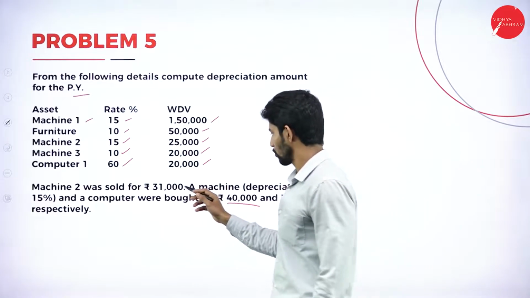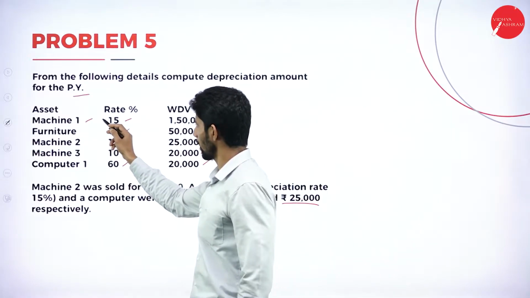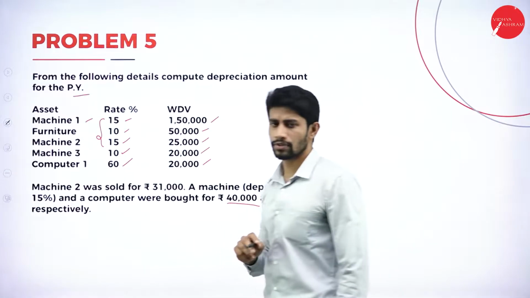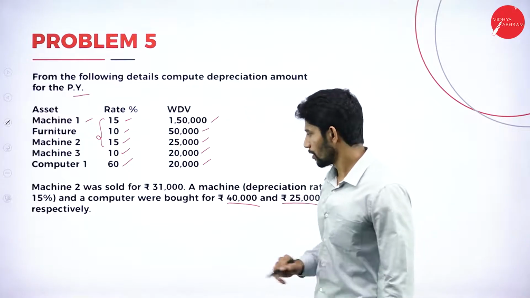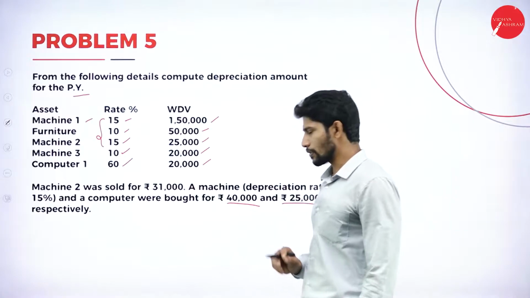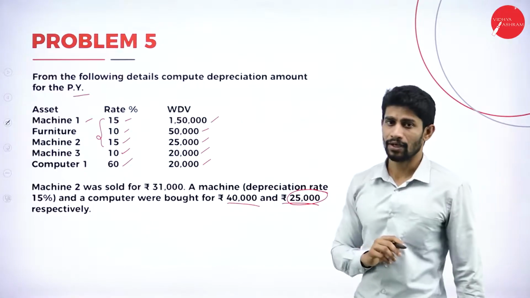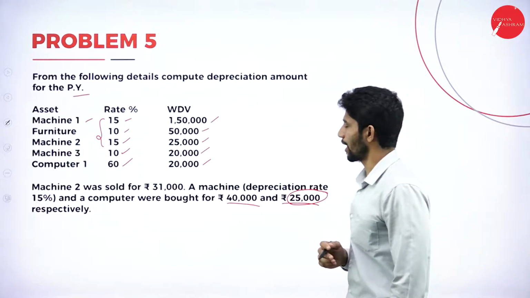Yes, with respect to 15% rate of depreciation, that is machine 1 and machine 2, another machine was purchased during the previous year worth rupees 40,000 and a computer was also purchased worth rupees 25,000.